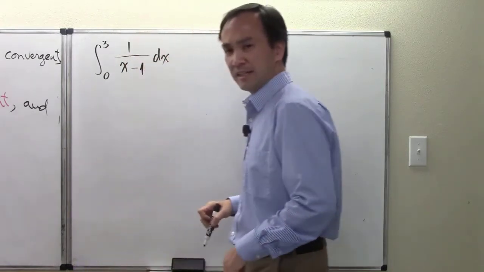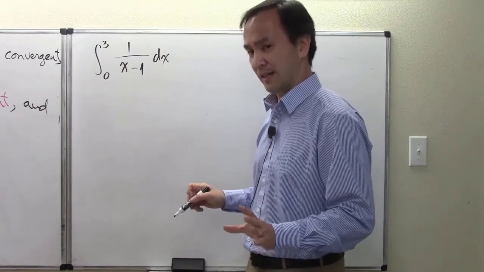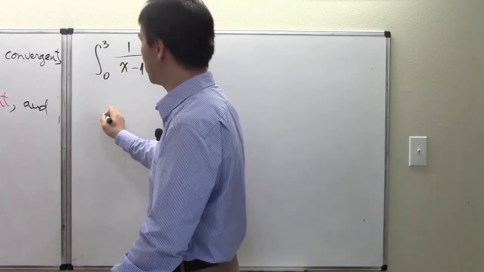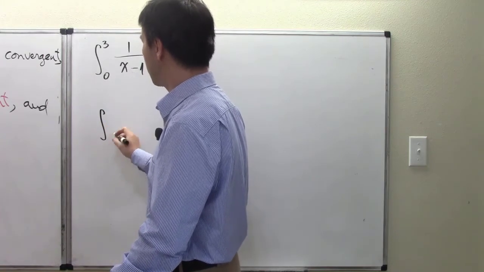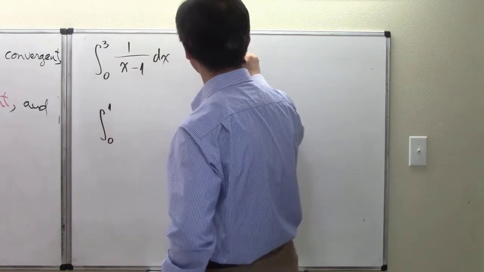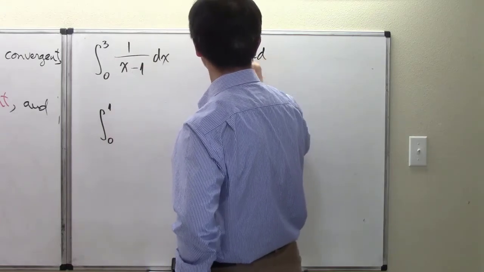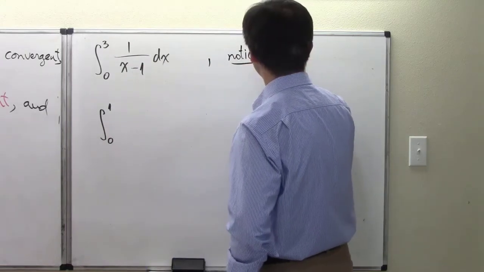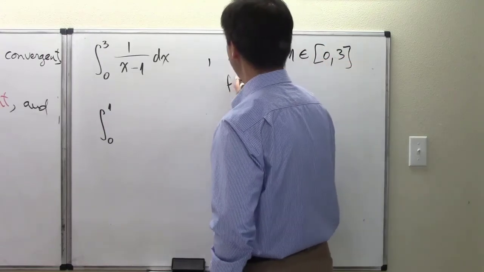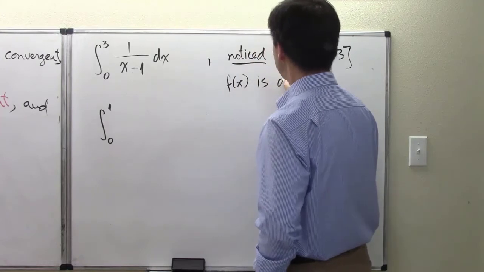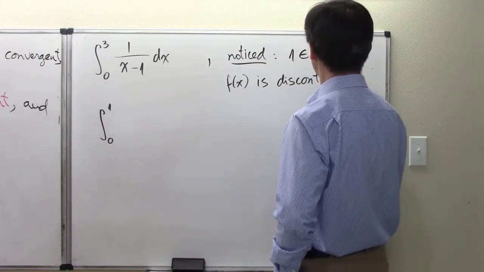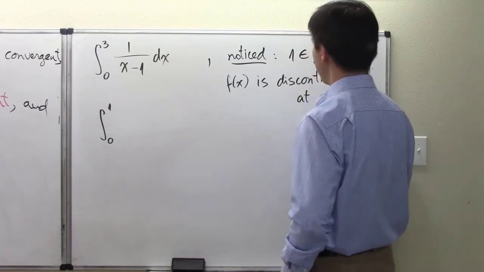So now, as a plan, I am going to consider 2 separate integrals. One of them is from 0 to 1, because remember, we noticed that there's a 1 in between 0 and 3, and f of x is discontinuous at x equals 1.